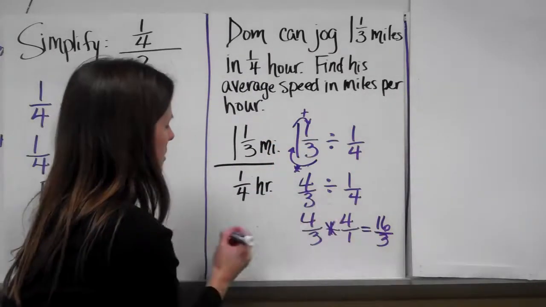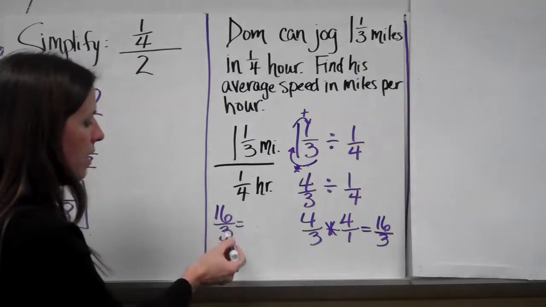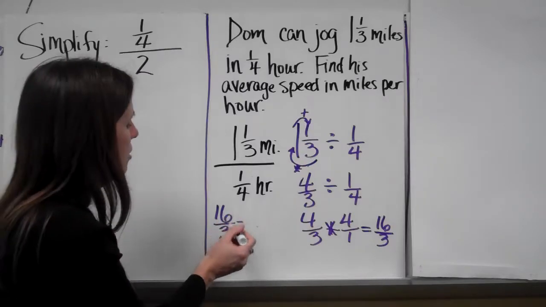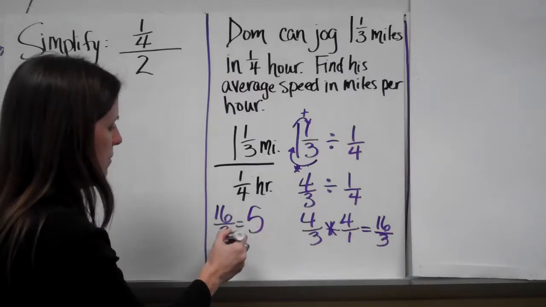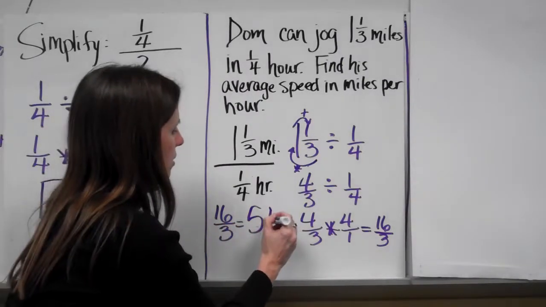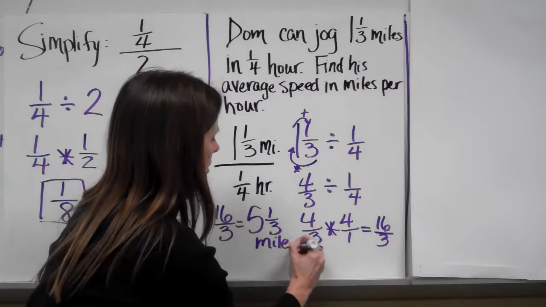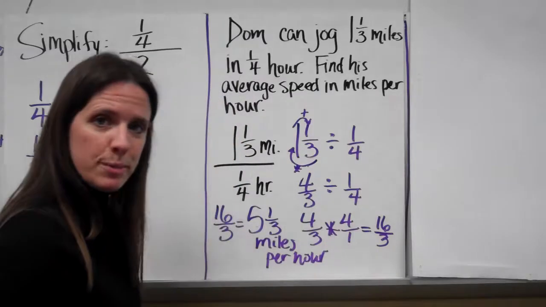So we're going to change 16/3 back into a mixed number, and you take the denominator and see how many times it goes into the numerator. So 3 goes into 16 5 whole times. 5 times 3 is 15, so that leaves us with 1. So 5 1/3 miles per hour is Dom's average speed.